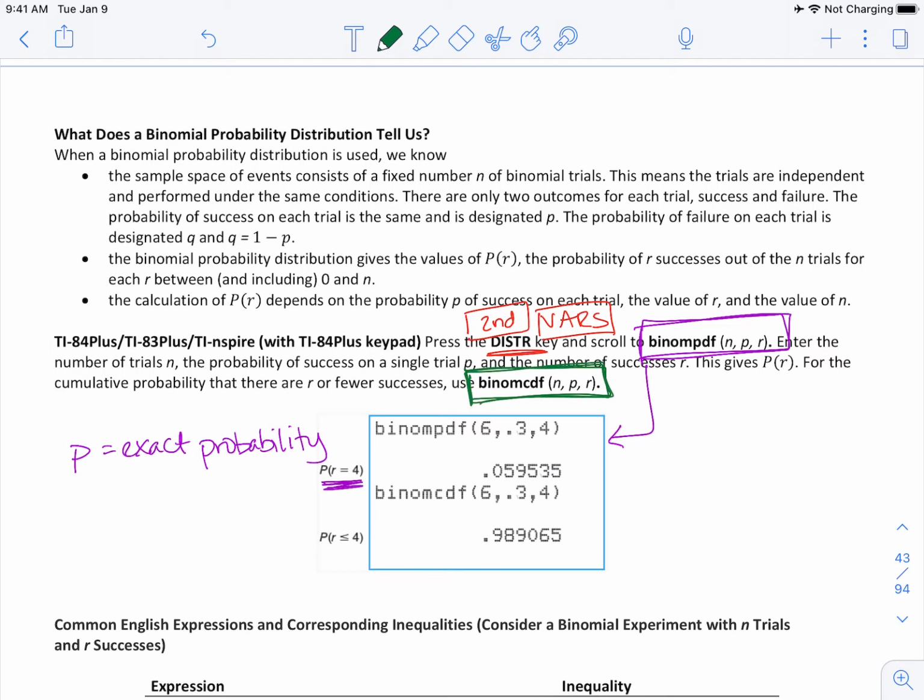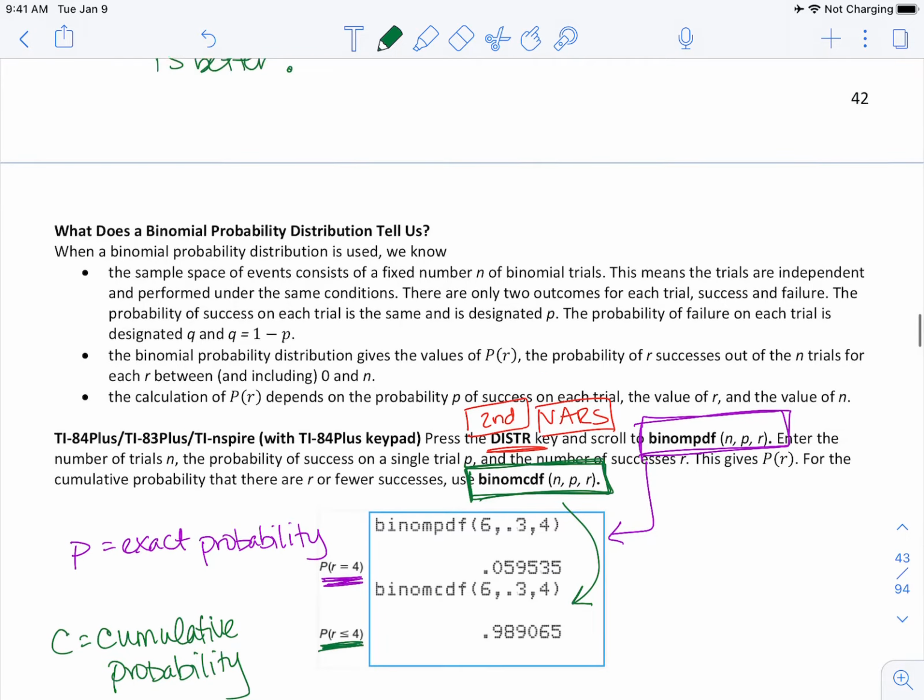C tells you cumulative probability. So P of R is less than or equal to 4. Okay, so I'm going to go back and show you how to type these into the calculator.